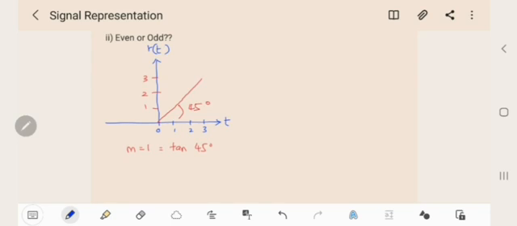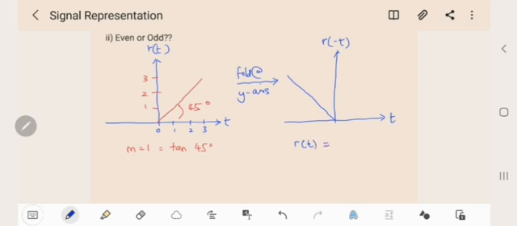Next, we determine whether the ramp signal is even or odd. To check whether it is even, we need r(-t), obtained by folding r(t) at the y-axis, so the right-hand side becomes the left-hand side. So r(t) is not equal to r(-t), which proves it is not an even signal because the two are not the same. Now to check whether it is odd, we fold r(-t) at the t-axis to get -r(-t), flipping from the upper right to the lower side.